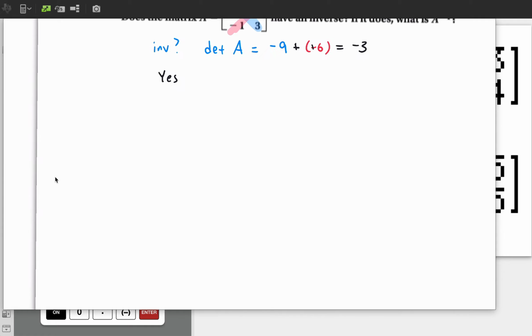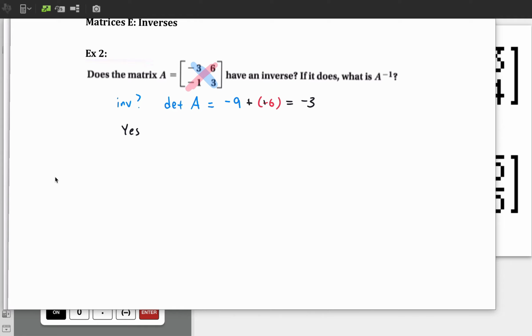But we do know that we're going to do this. A to the -1, my inverse, is going to be 1/3, or the -1 over -3, or -1/3. And let's do our little flippy floppy thing with these here. So the main diagonal, switch position, and we take the opposite of the other one.